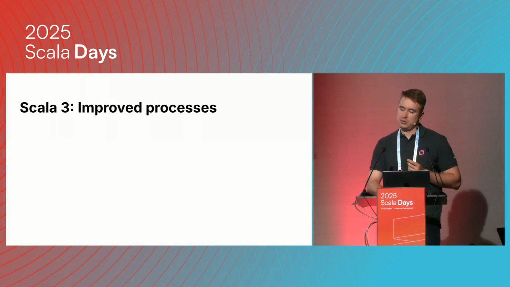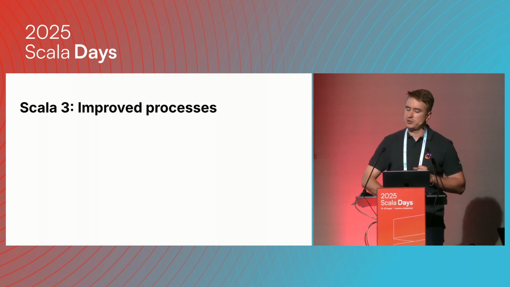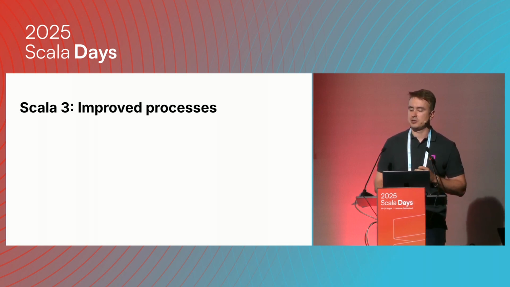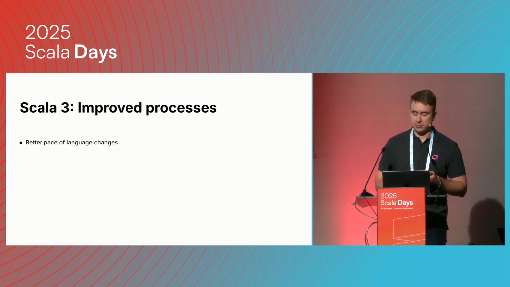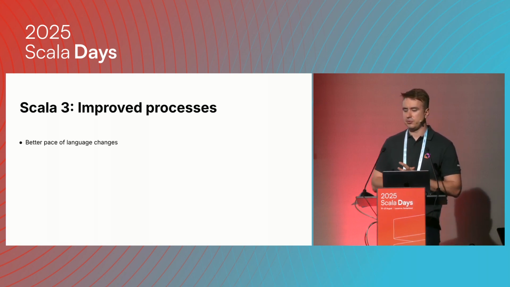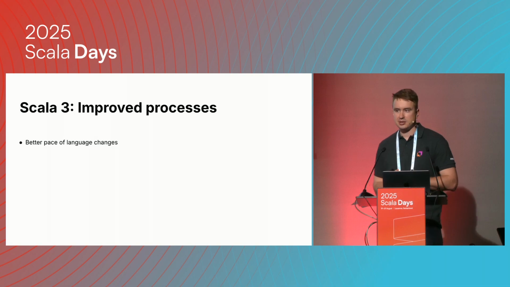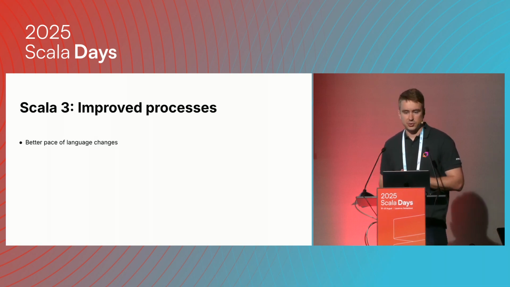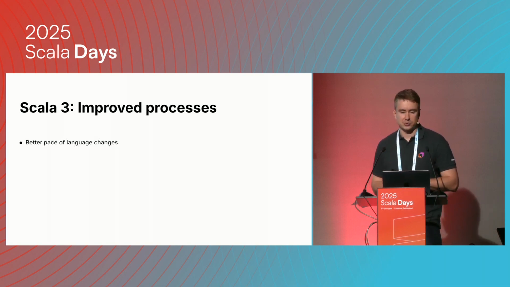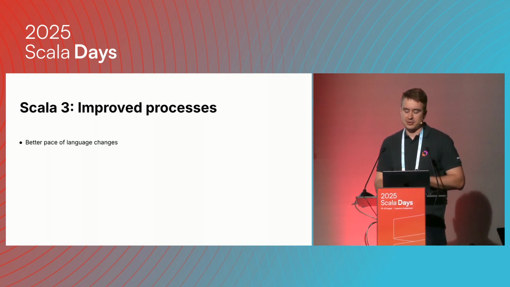I also wanted to end the Scala 3 section with some observation of some improvements in the processes. Like one of them, we in Scala Plugin observe the better pace of Scala 3 language changes. Like last couple of years, we didn't notice any drastic, huge changes which would distract us too much.